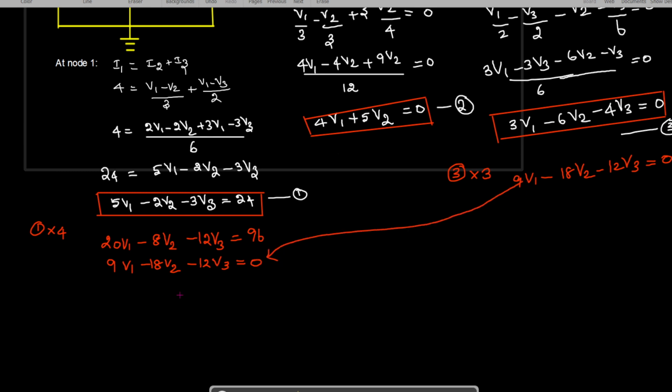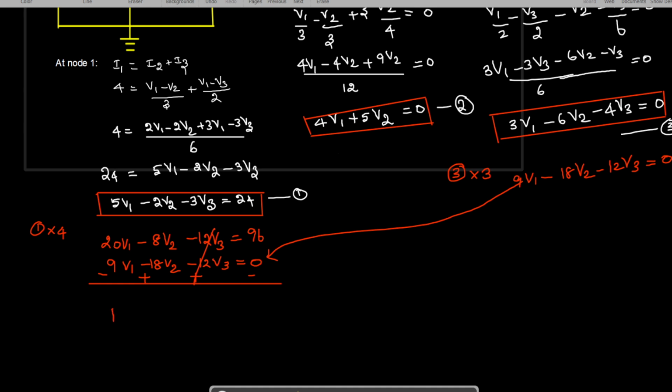If you solve this, make it minus, this is plus, this is again plus, this is minus. So this gets cancelled.